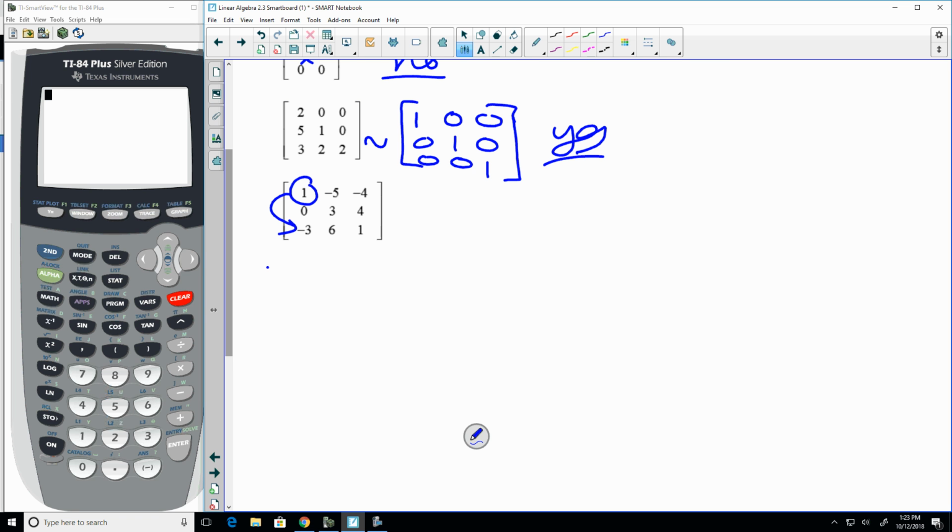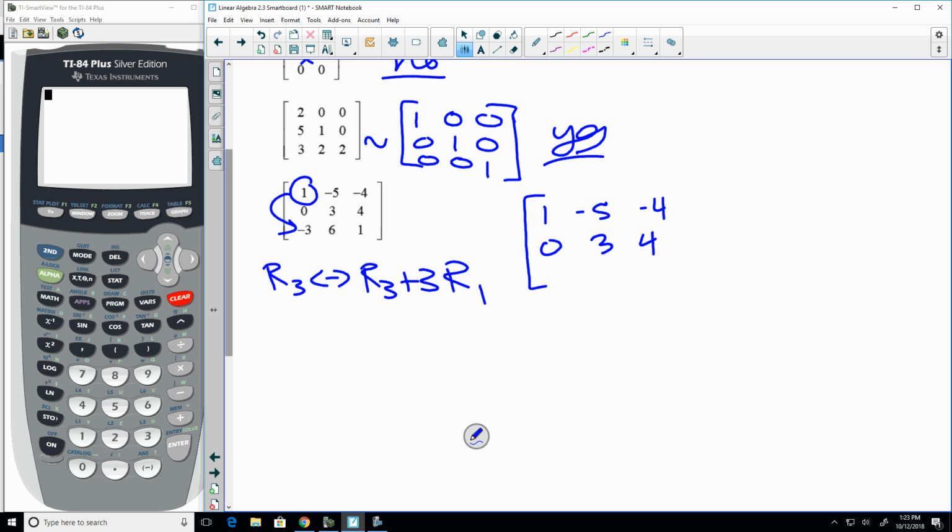So replace row 3 with row 3 plus 3 row 1. And notice I'm not putting it in my calculator because it said to use as few calculations as possible. So I'm going to do as few as I can and see if I can figure it out before I get all the way to RREF. Right? Use RREF in the calculator, it'll do all the calculations we need.